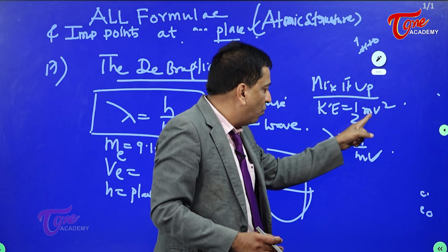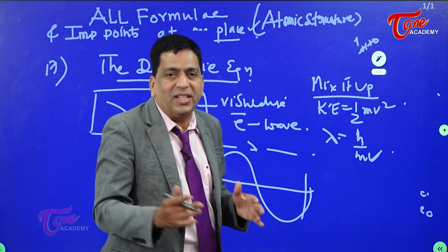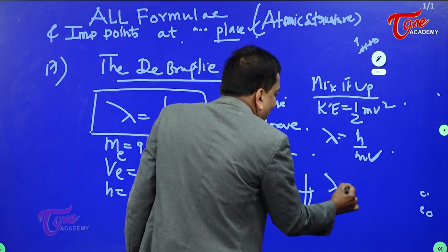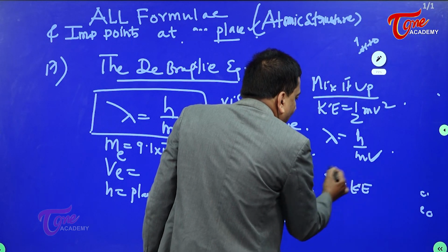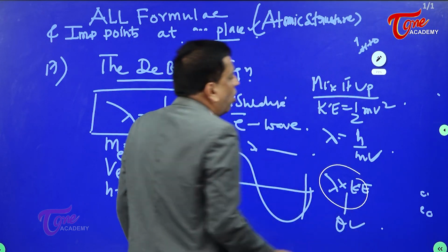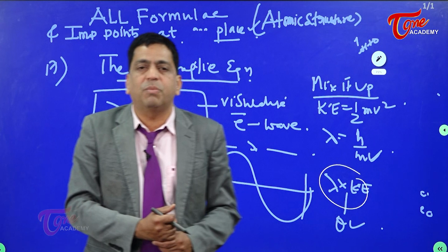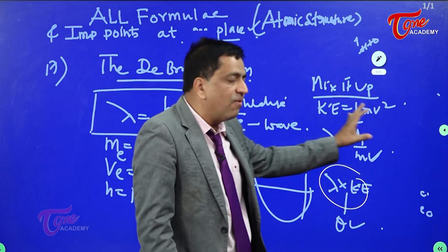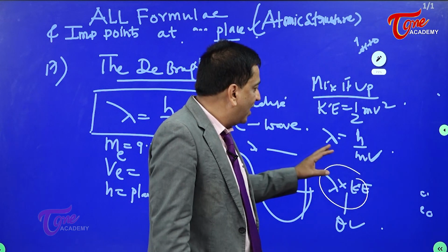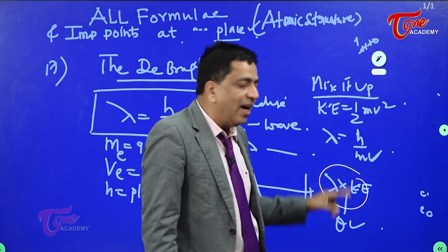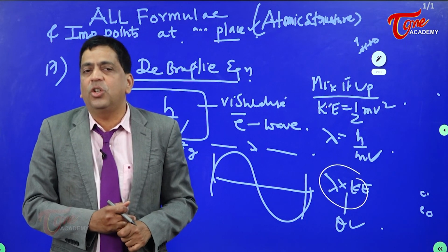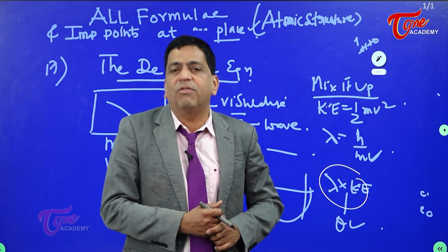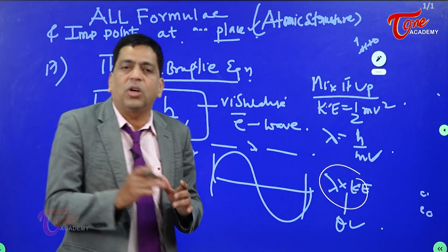That will be a question in the exam, and I think you must be solving it. So lambda is h by mv, K is half mv square, mix it up, and you will have a relationship between lambda and kinetic energy. That might also be a question in the exam. That is de Broglie's equation.